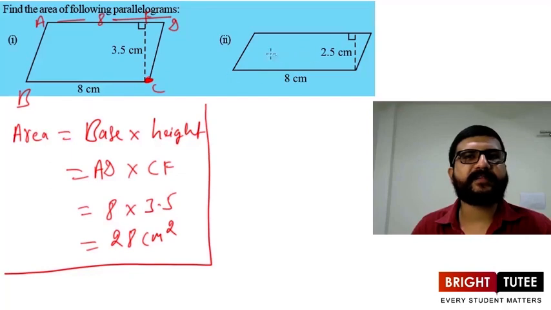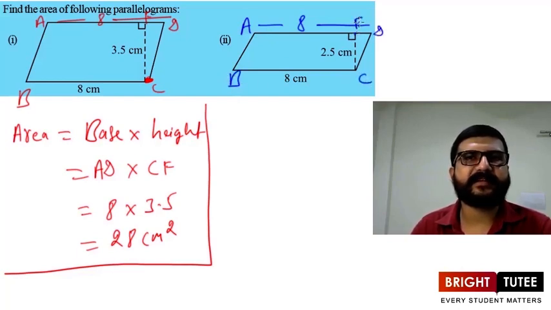Now let's find the area of the second parallelogram. Here one of the side lengths is 8 again, so this one will also be 8. Let's take this as A, B, C, D and this one as E. If we are treating AD as a base, then what will be the height?